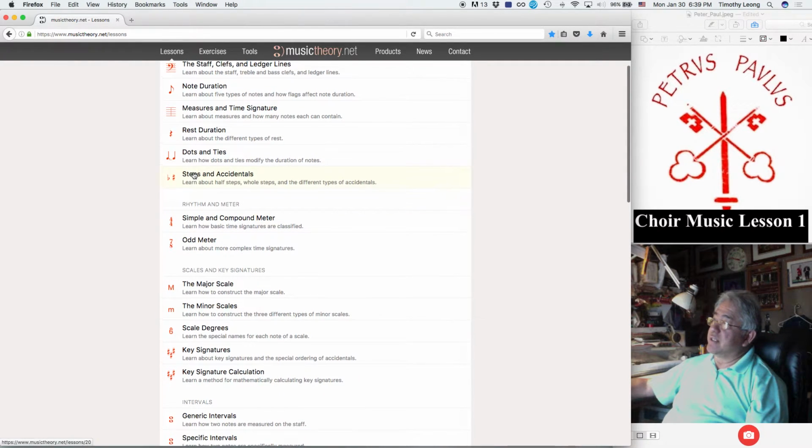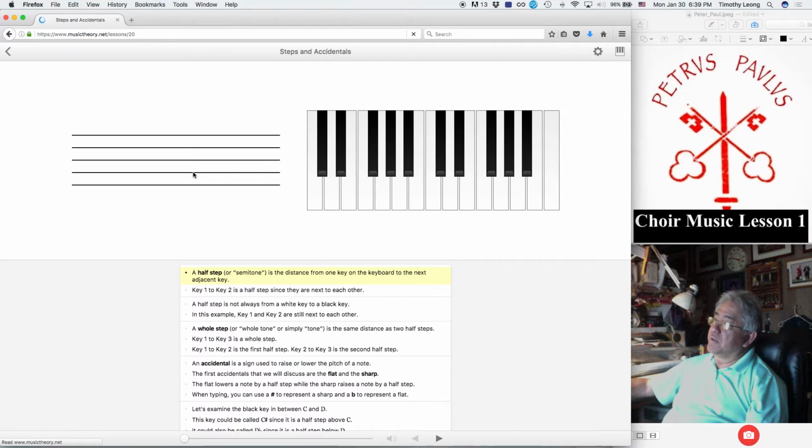Steps and accidentals. These are keys in a piano, and it represents the notes on a staff. And sometimes when you get to the white keys, they have, well, all the time, they have no accidental, sharps, naturals, and flats. They're all natural.